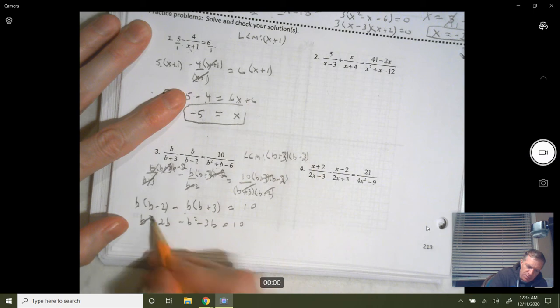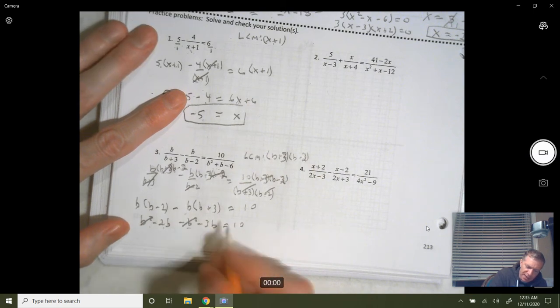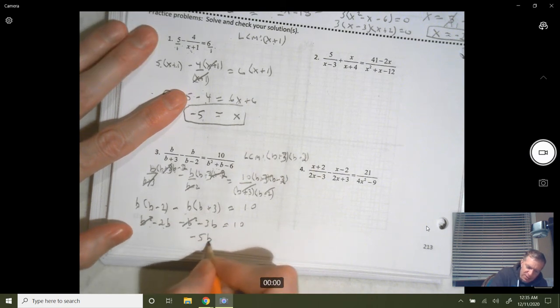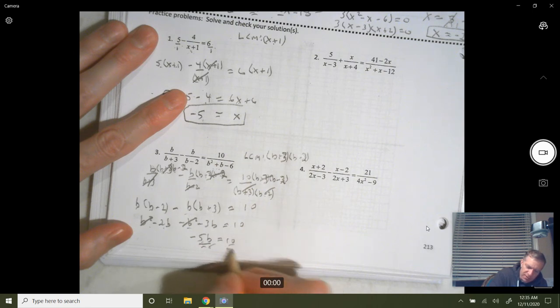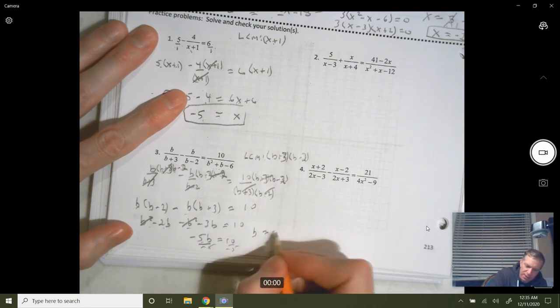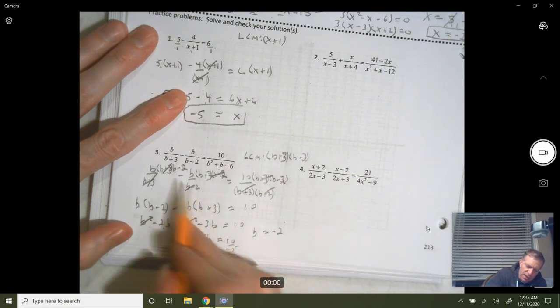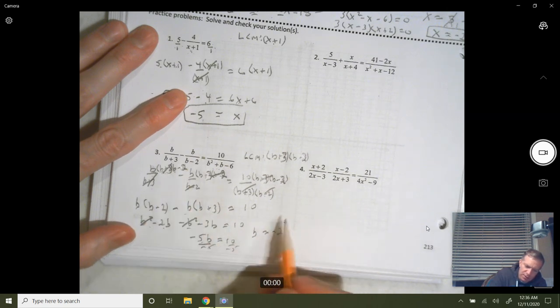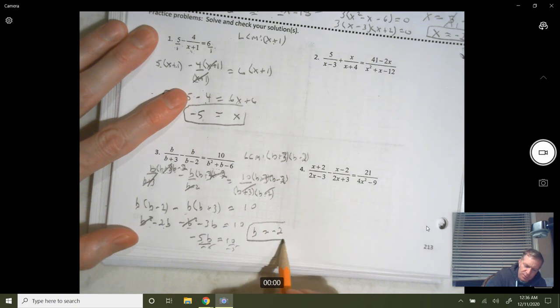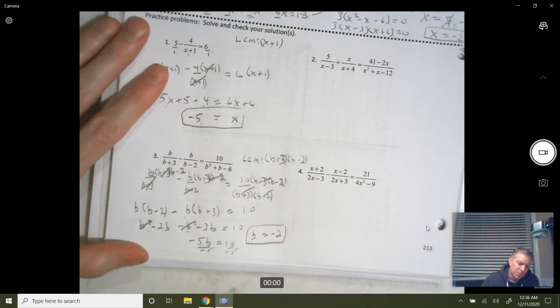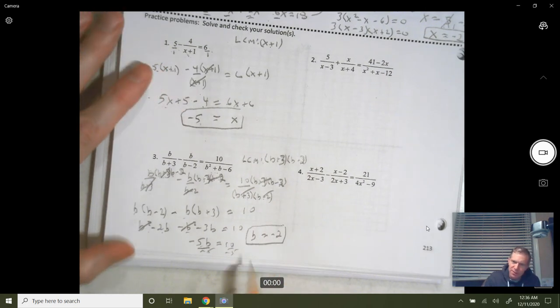So b squared minus b squared, that goes away. I get negative 5b equals 10. Divide by negative 5. I get b equals negative 2. And that actually doesn't make any of our denominators 0. So that works.